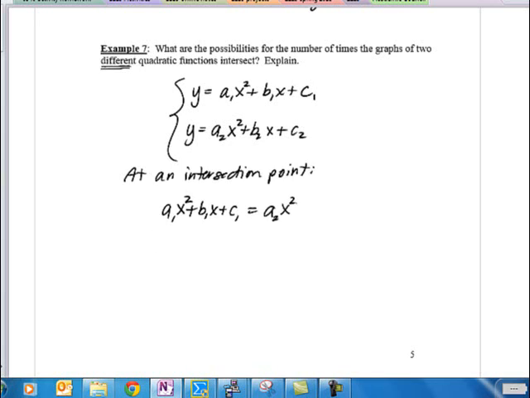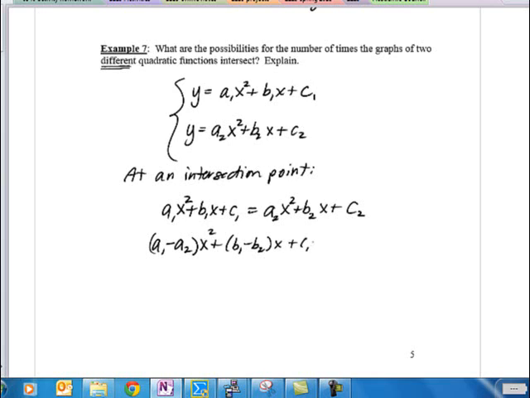Which is just a quadratic equation, right? So I'm going to have a1 minus a2 x squared plus b1 minus b2 x plus c1 minus c2 equals 0.